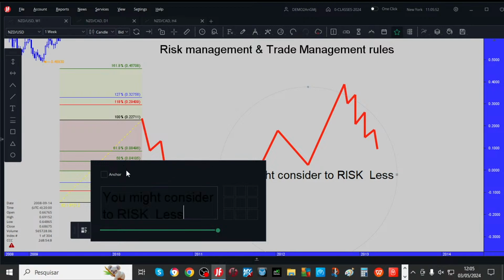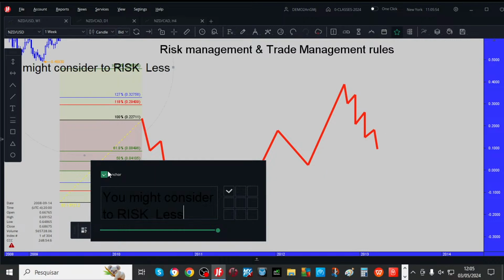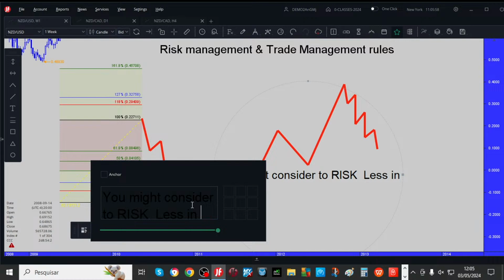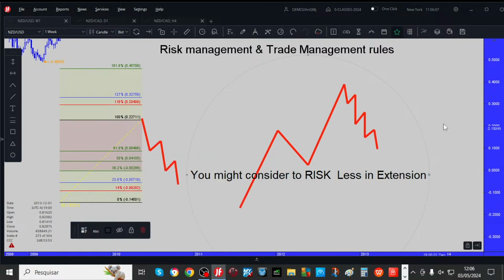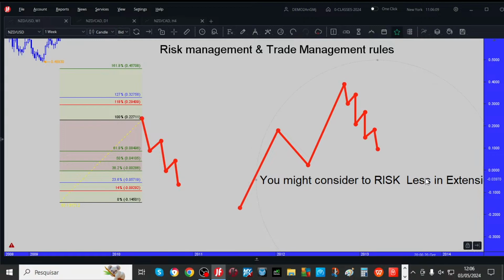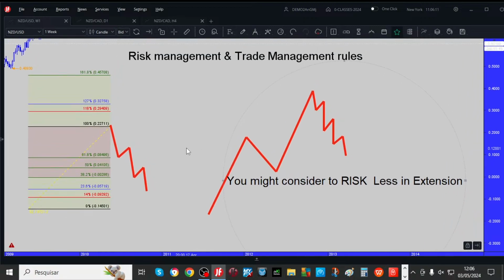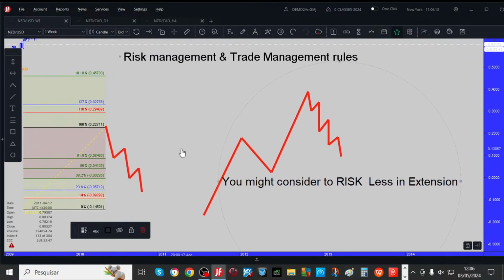Give me a second, everybody. Anchor, what does this anchor know? Risk less in extensions. All right, I'm going to leave it like this. This is no good. Anyway, we are getting through, don't worry. You might consider to risk less in extensions.